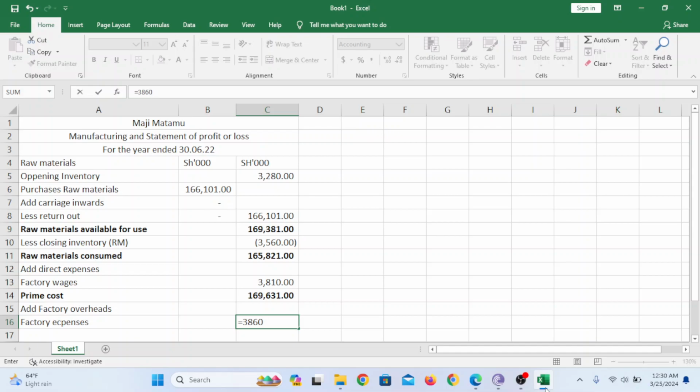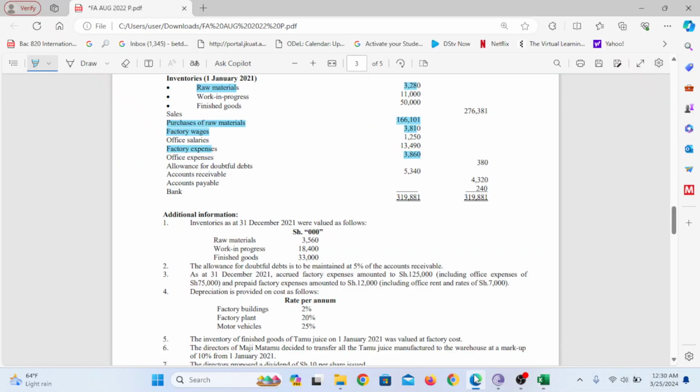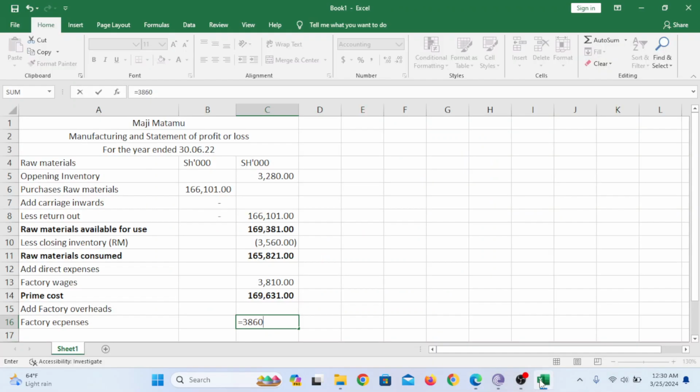And then there was a note number 2 that had an adjustment in regards to factory expenses. So note number 3. So we have factory expenses accrued 125, including 75 of office. So we remove 75, but we need the factory, that is 50. So plus 50. Then there is prepayment, what you paid in excess.